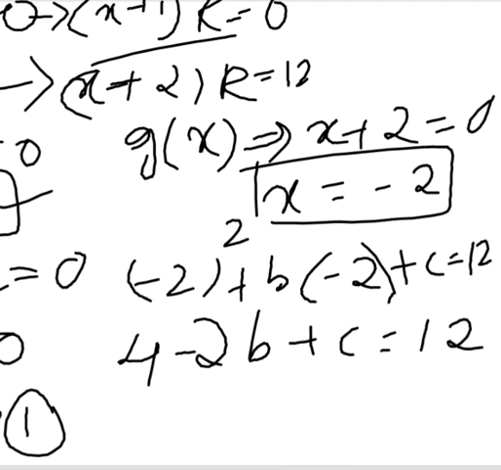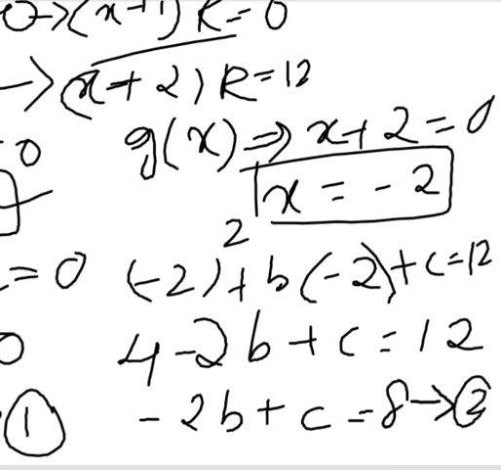When you solve this, minus 2b plus c is equal to 8. This is the second equation. So we got two equations for now. Now let's continue solving.